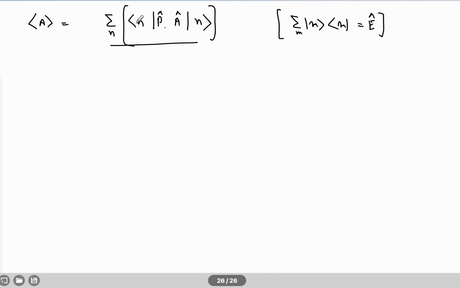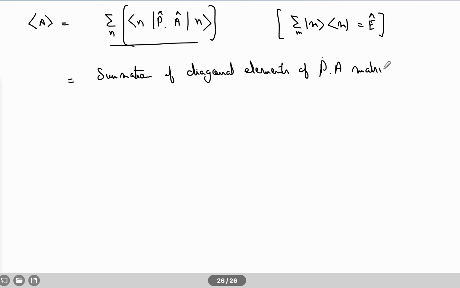So this is the summation of diagonal elements of the PA matrix.